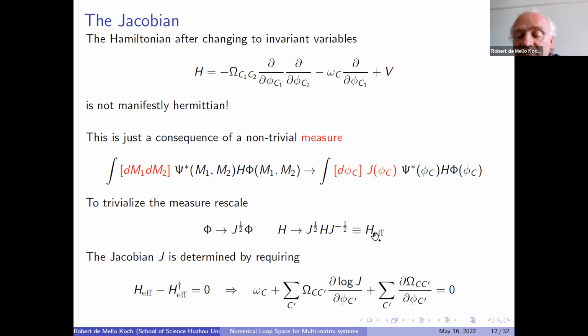And the effective Hamiltonian lives in a space with a trivial measure. So it should now be manifestly Hermitian. So demanding that the effective Hamiltonian minus the dagger of the effective Hamiltonian is 0, we get an equation that the Jacobian must satisfy. And we can in fact solve that equation and get hold of the Jacobian.